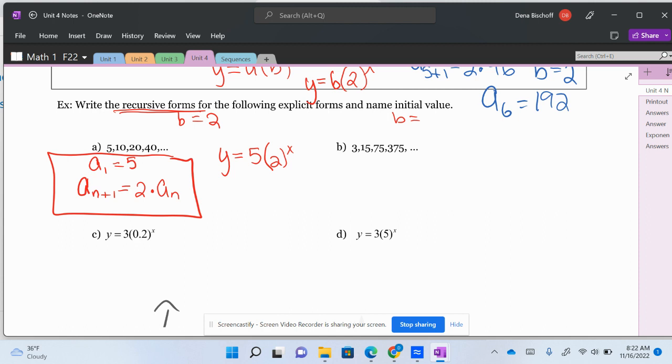Let's look at example B. What's my base or my multiplier? What am I multiplying each term by? 5. So the recursive formula, I have to say what the first term is. What is the first term in my sequence? 3. So a sub n plus 1 equals the base, the multiplier, times a sub n.